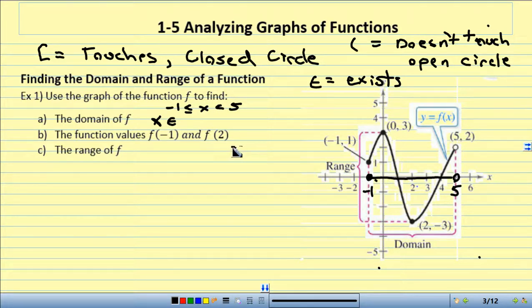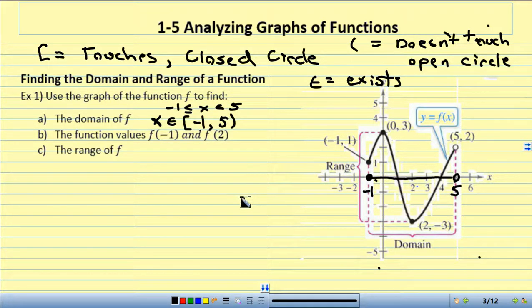X exists from, and now it's a closed circle. So we use a bracket, -1, all the way to 5, but it's an open circle there. So we're saying x exists from -1 to 5. And that is your first introduction to interval notation.